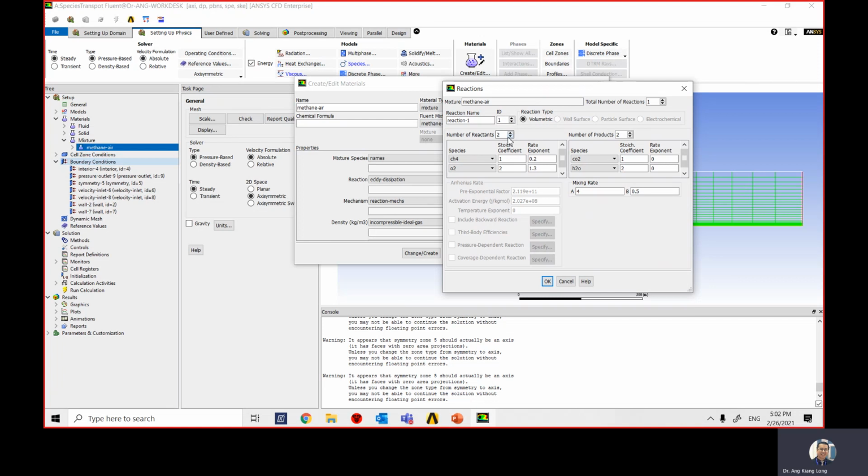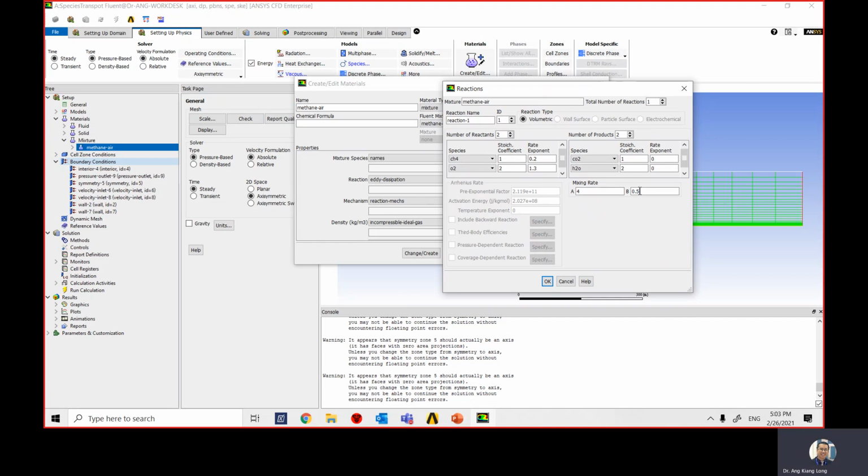The eddy dissipation reaction model will ignore the chemical kinetics, or you can see the name here is Arrhenius rate. Here is the chemical kinetic calculation. It will use only the parameters in the mixing rate group here, right?